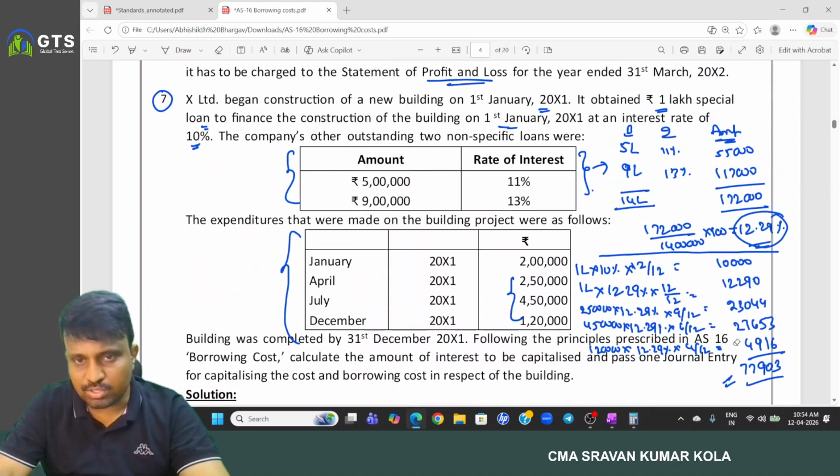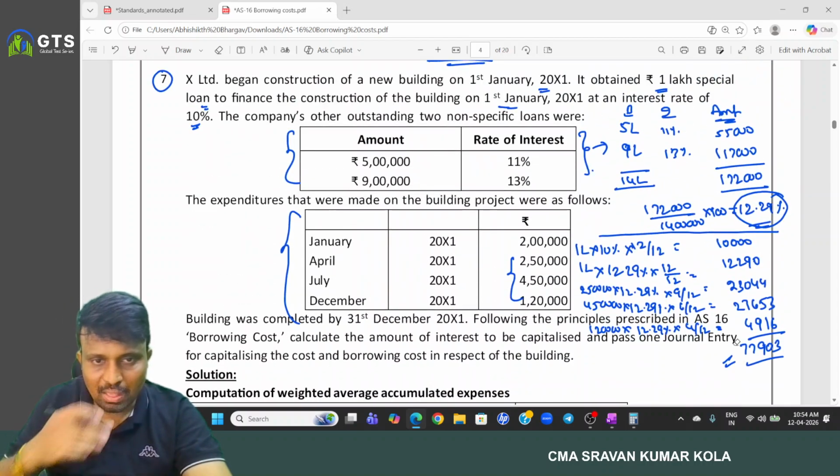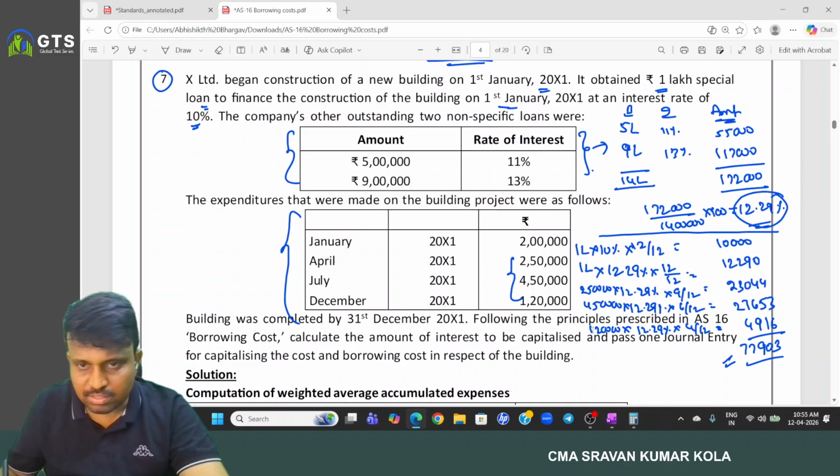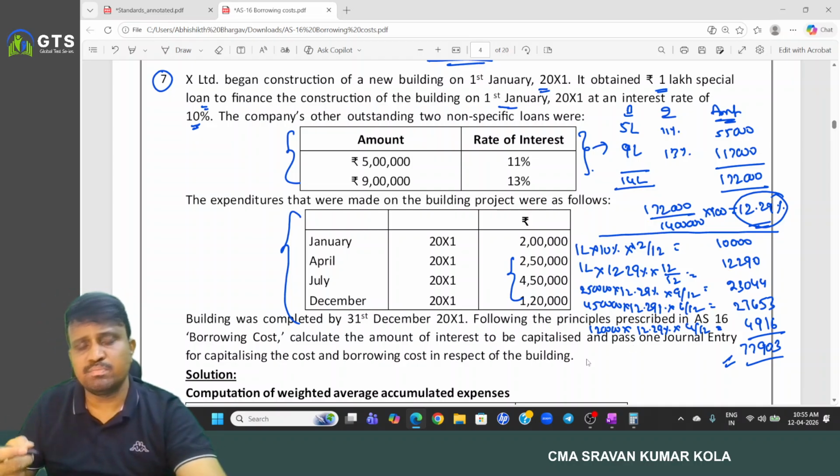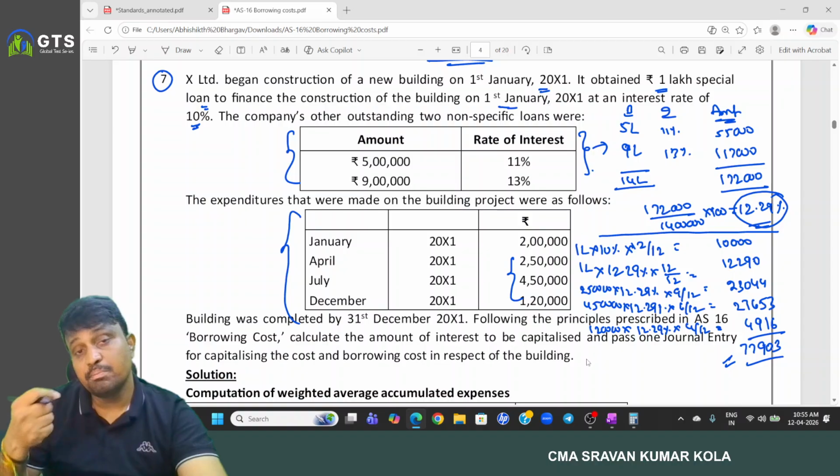And the remaining amount. And also we are required to write the journal entry. So for the purpose of the borrowing cost, what is the amount required to be capitalized here? Expenses incurred on the construction of the asset plus the borrowing cost to be capitalized.